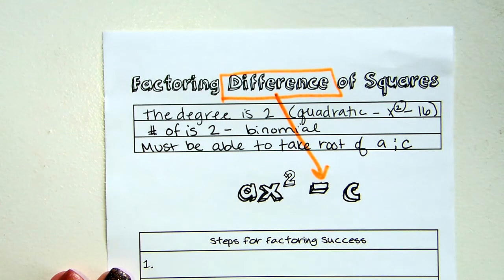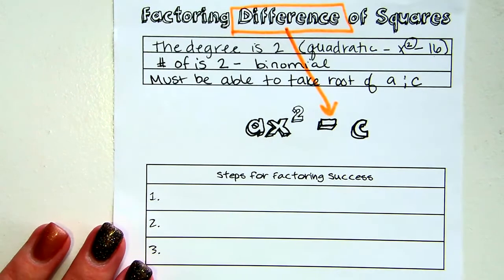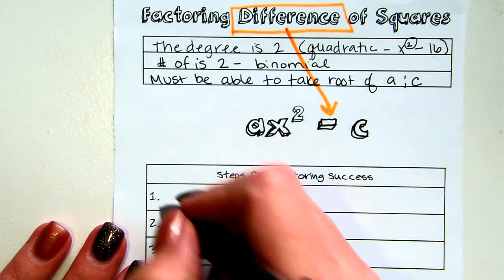So, when we're looking at some steps for factoring success, the first thing that we're going to do is take the square root of the first term.